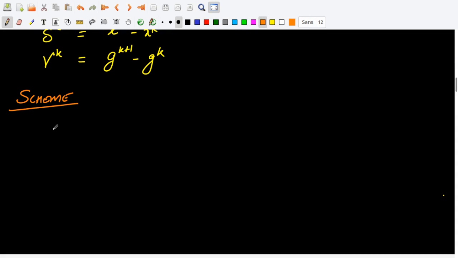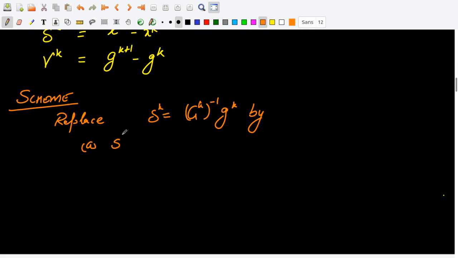Instead of delta k equal to Gk inverse times gk, first find a direction sk equal to minus of Hk gk.